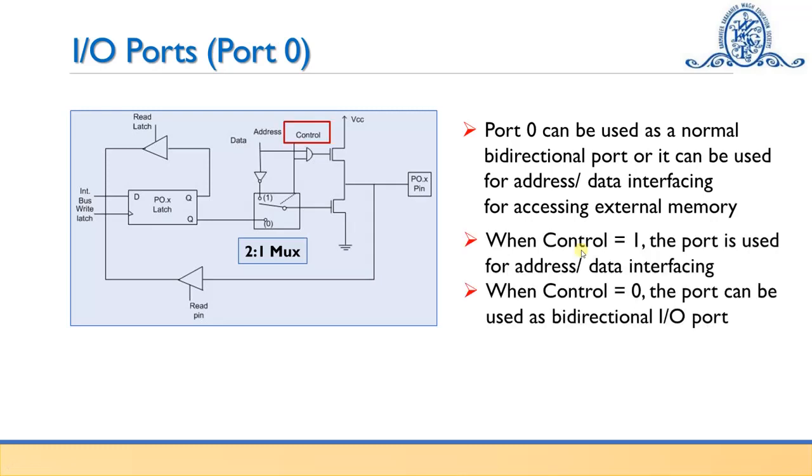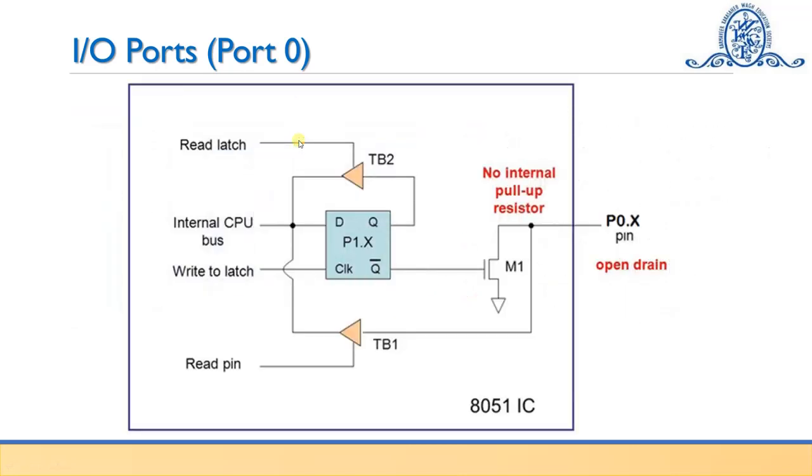When this control pin is 1, the port is used for addressing or data interfacing. And when this control pin is 0, the port can be used as a bidirectional IO port. The same diagram in a slightly enlarged fashion is shown here.